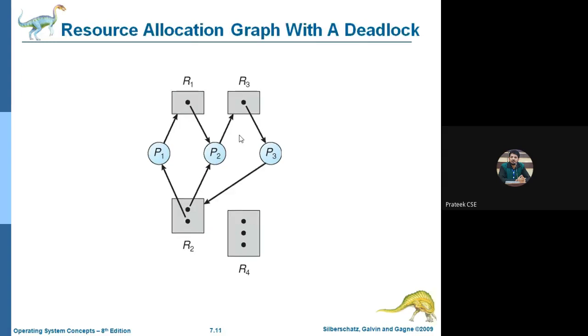Okay, so let's talk about this example, how deadlock is there. So here you can see process P1 is holding R2 and is waiting for R1. Process P2 is holding R1 and R2 and is waiting for R3. And now process P3 is holding R3 and process P3 is waiting for one of the instances of R2.